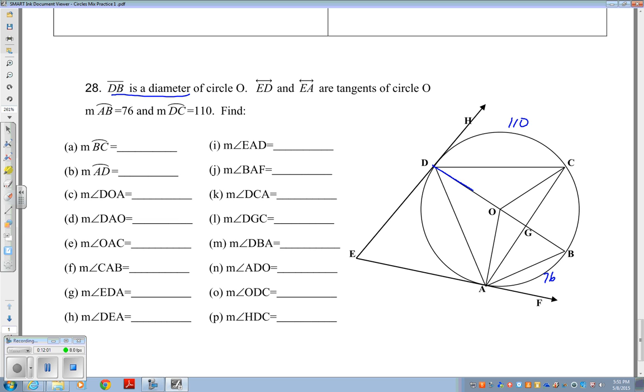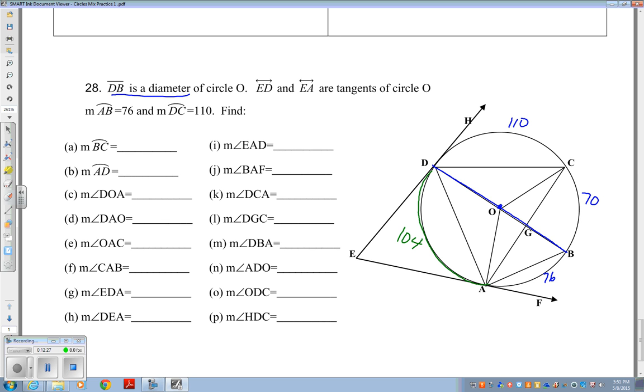So DB is cutting the circle into a semicircle of 180. Now that I know that, I can find the remaining arc CB to be 70. So I would have a semicircle of 180, and then the remaining arc DA, from here to here, would be 104.